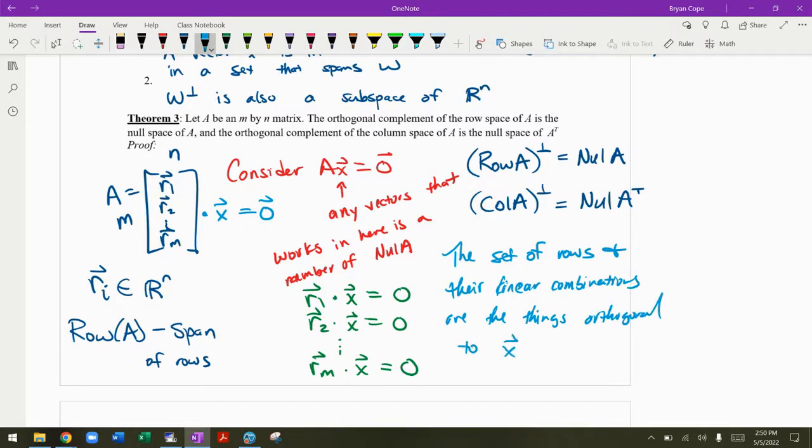In other words, they're the things orthogonal to the stuff that makes Ax equals 0 true. So just by viewing matrix multiplication as dotting rows with columns, you get this evidence that all those rows dotted with any vector that satisfies that is going to be 0, meaning they're orthogonal.